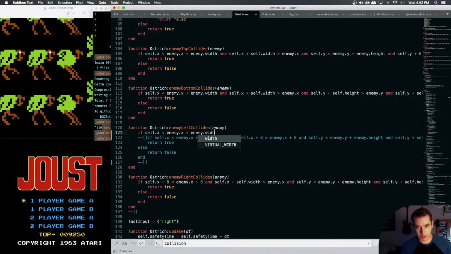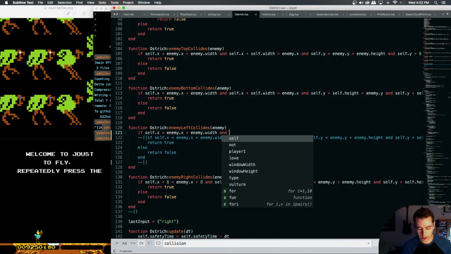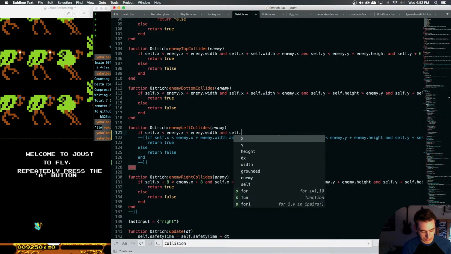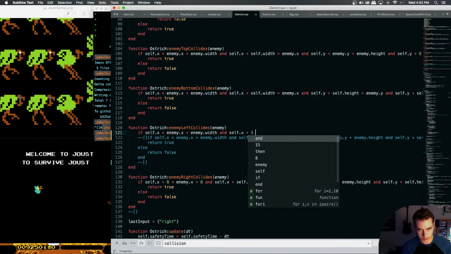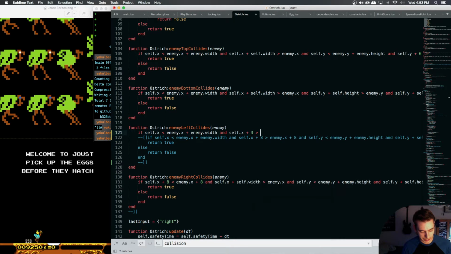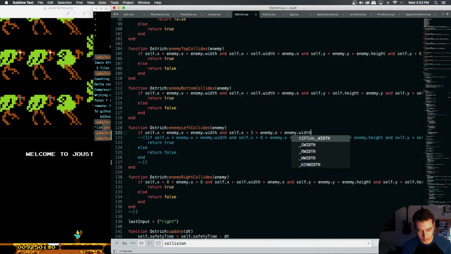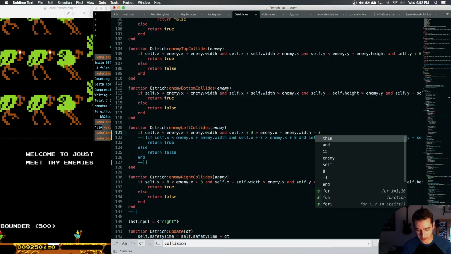And our right side, which would be our self.x plus 3, there's that 3 pixel buffer, would have to be greater than the left side of the enemy. So we'd have to see if the right side of us is greater than the left side of them.